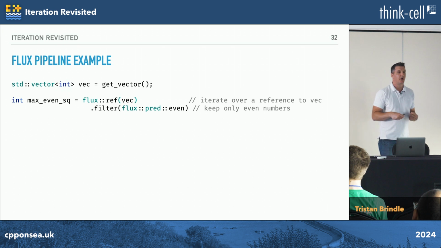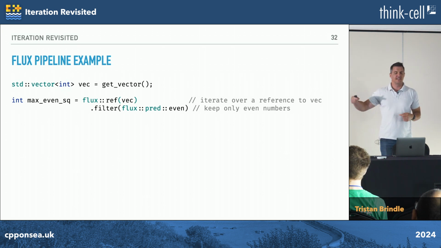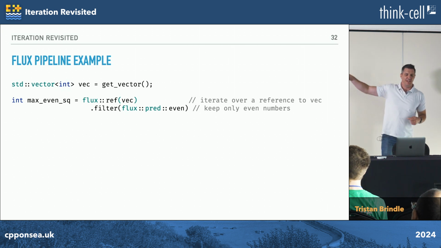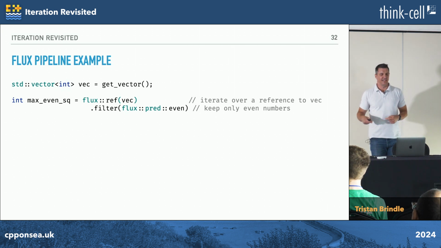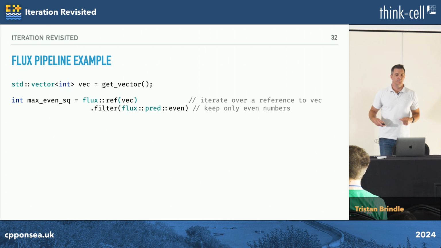In Flux, we build up our pipelines using the member function syntax. We say dot filter. And in this case here, Flux comes with a whole bunch of useful predicates as well. We've got a ready-made predicate that says is something even. So we're taking our vector by reference, we're filtering it, retaining the even numbers.